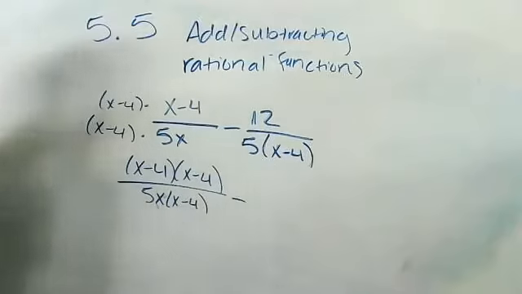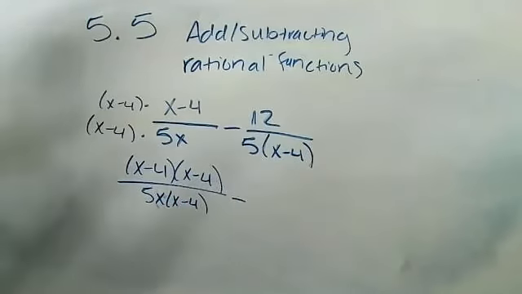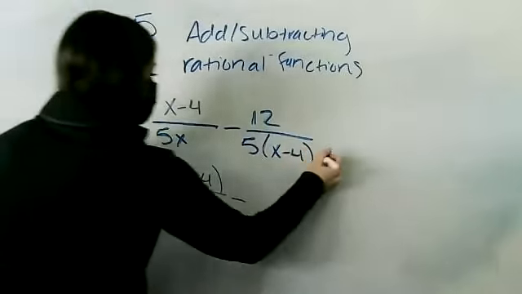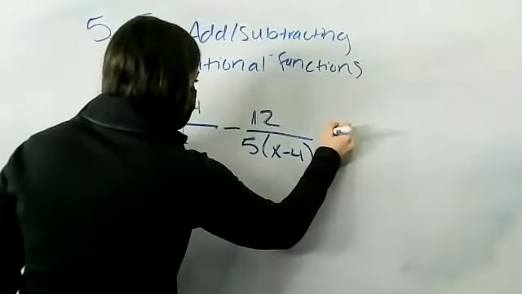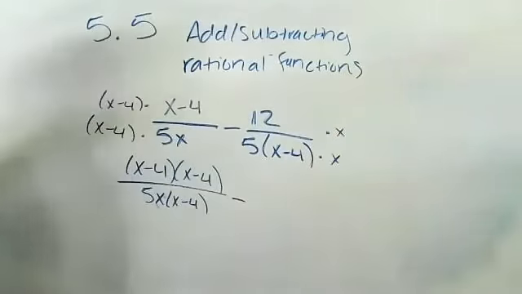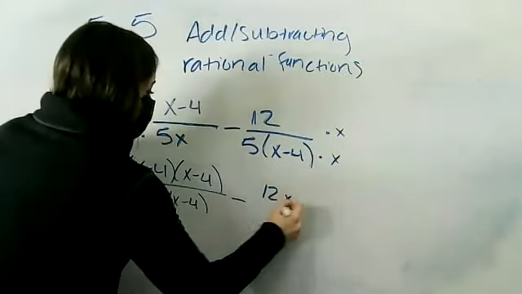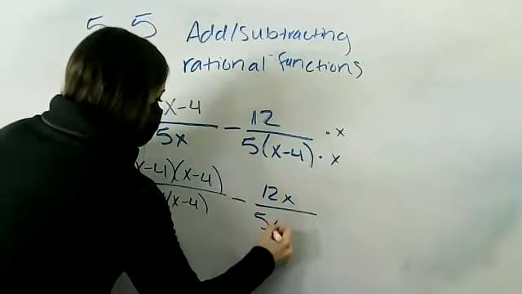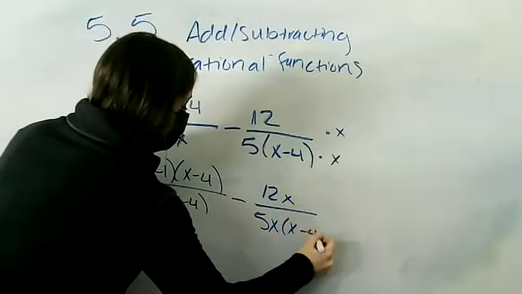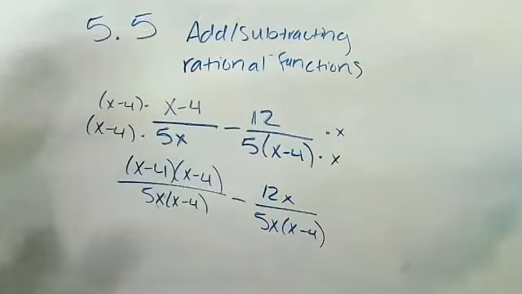now what's this side missing? It's missing an x. So if I multiply top and bottom by x, I'd be able to get that x on there, right? So we go 12x over 5x times x minus 4.